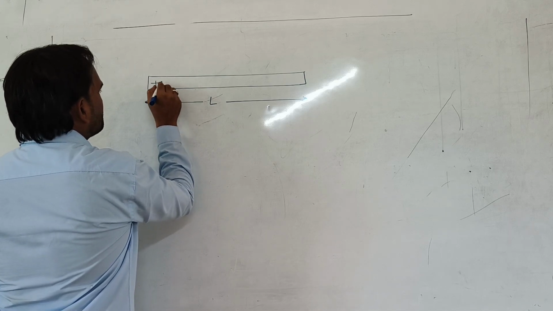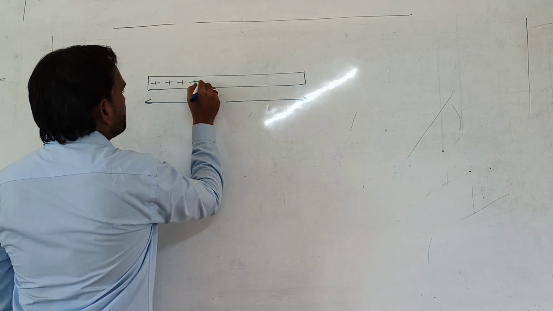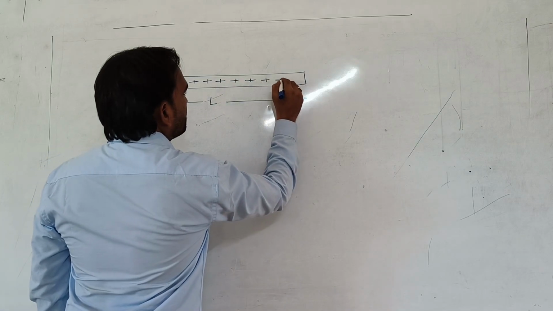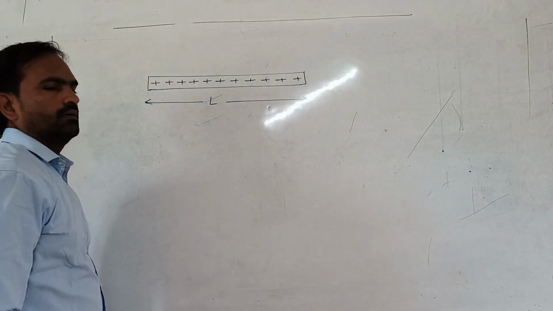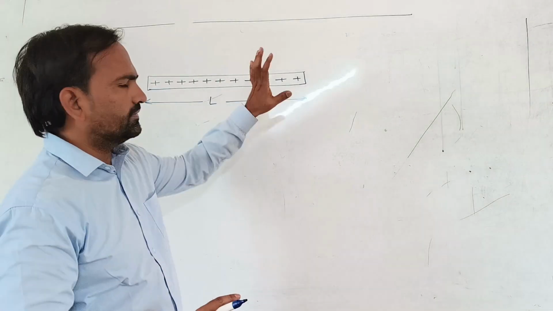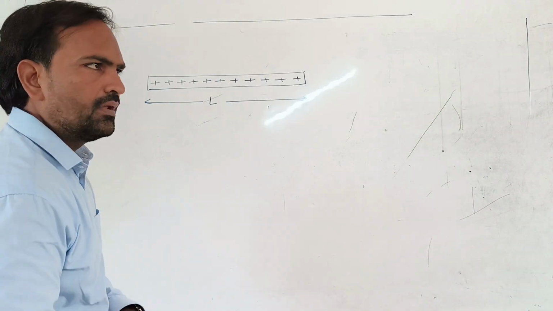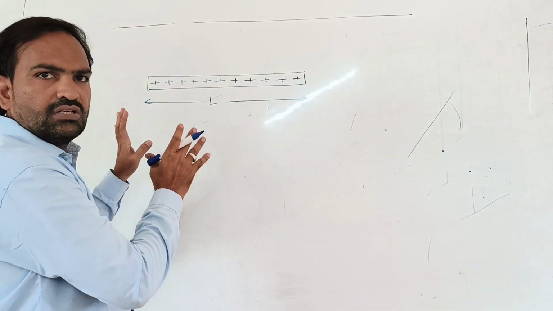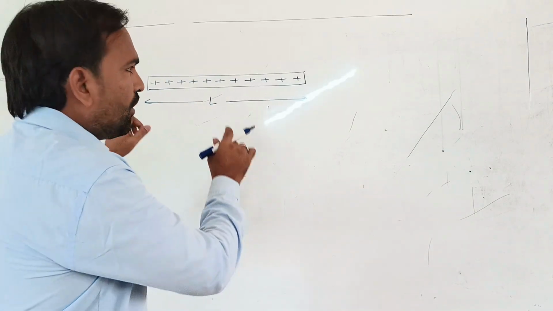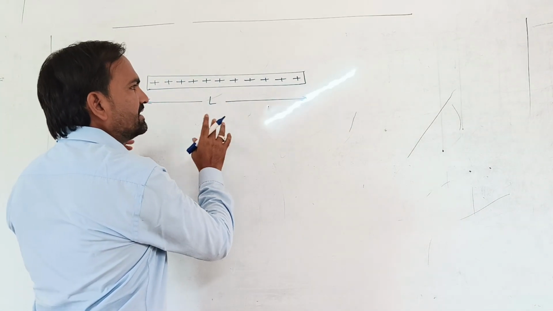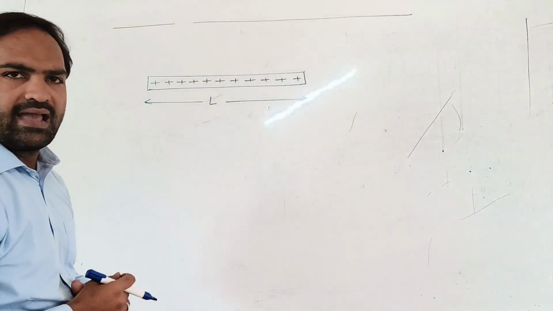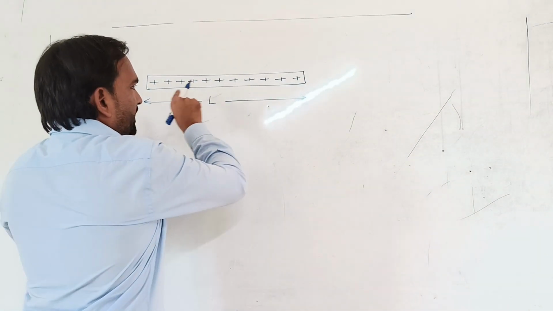This is a total continuous charge distribution in this rod, completely charged, of length L. This is a continuous charge distribution body. How can you find the electric field intensity at one point along this rod axis?